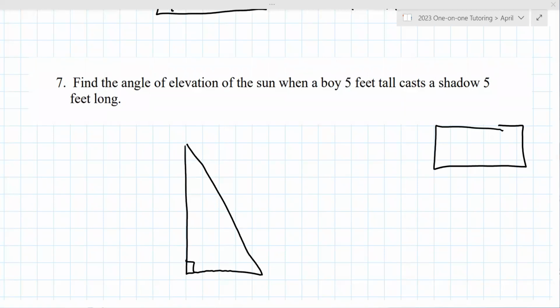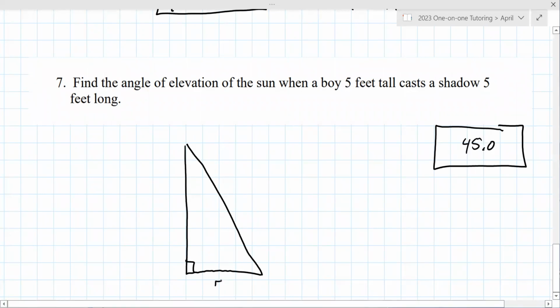Oh, wait, we have to do opposite. 5 foot tall, 5 foot. Oh, okay, almost got me there. I have my answer. What is your answer? 45 degrees. That is correct.